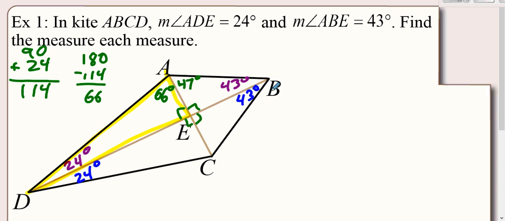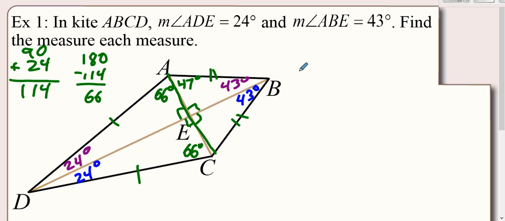And then you can go about this a couple of different ways, but if you draw in just this diagonal, AC, if you're just looking at this, this is an isosceles triangle. Remember from what I told you before about how these sides are congruent? That's isosceles, which means these base angles for the isosceles triangle are also congruent using the isosceles triangle theorem. Same thing on the other side.